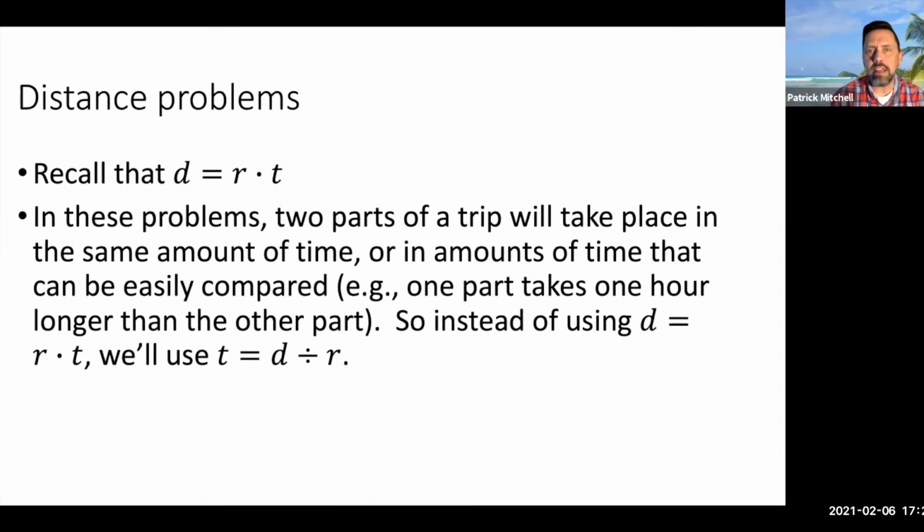In other words, they show you a relationship between the amounts of time that the two parts of the trip take. The way that I like to do these, which is a little different than your online homework help might work, is that I take the formula distance equals rate times time.